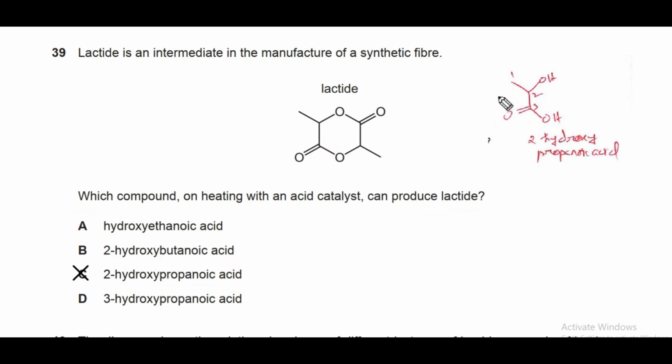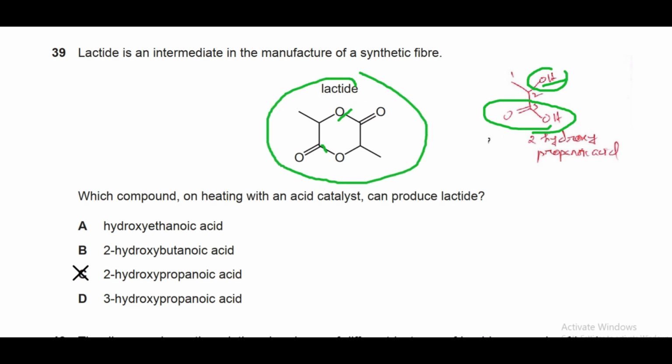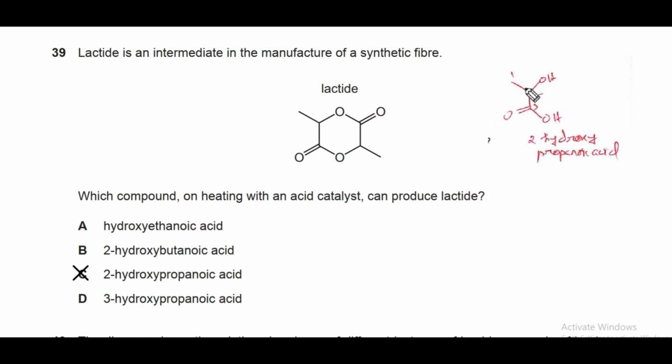Here OH is added, carboxyl double bond and also OH, carboxyl group and alcohol group. This forms the lactide, an ester. So this name will be 2-hydroxypropanoic acid. C is the right answer.